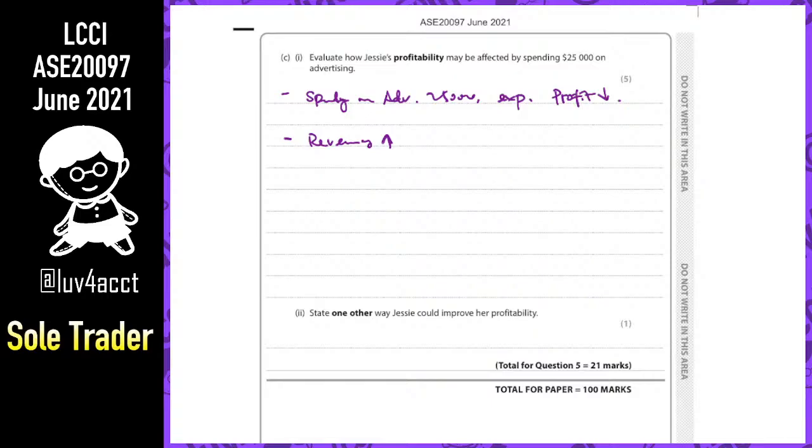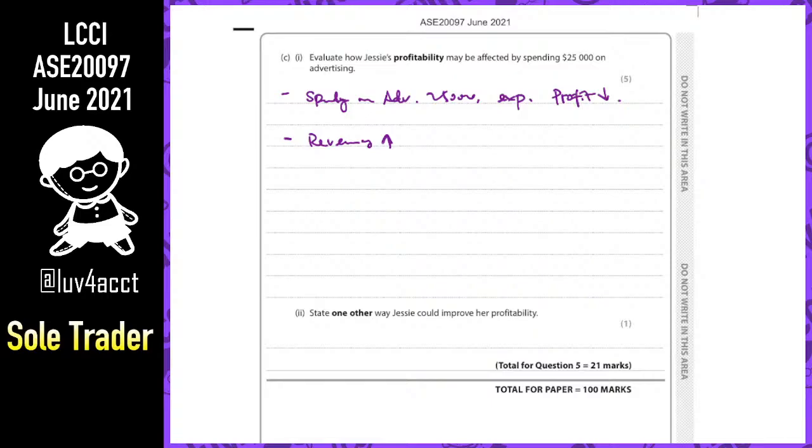But be careful. Higher revenue doesn't always mean higher profitability. Profitability is that you have to compare it to something else, compare profit with your revenue. So when your revenue goes up and profit goes up, it doesn't mean your profitability goes up.